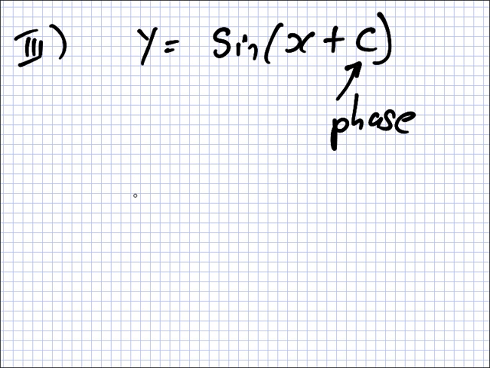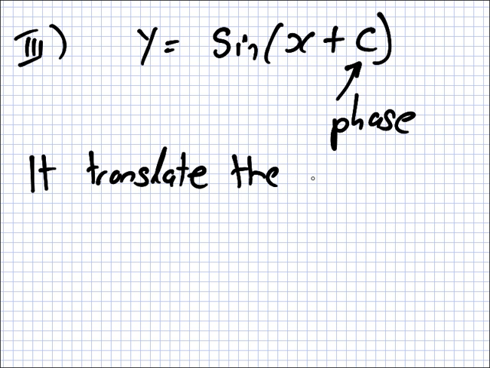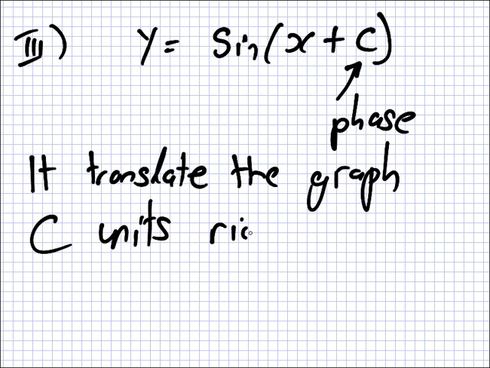Let me put this in language here. So, what's the effect here? Does anyone know the verb? A little bit more technical than move. Yeah, translates the graph c units left.